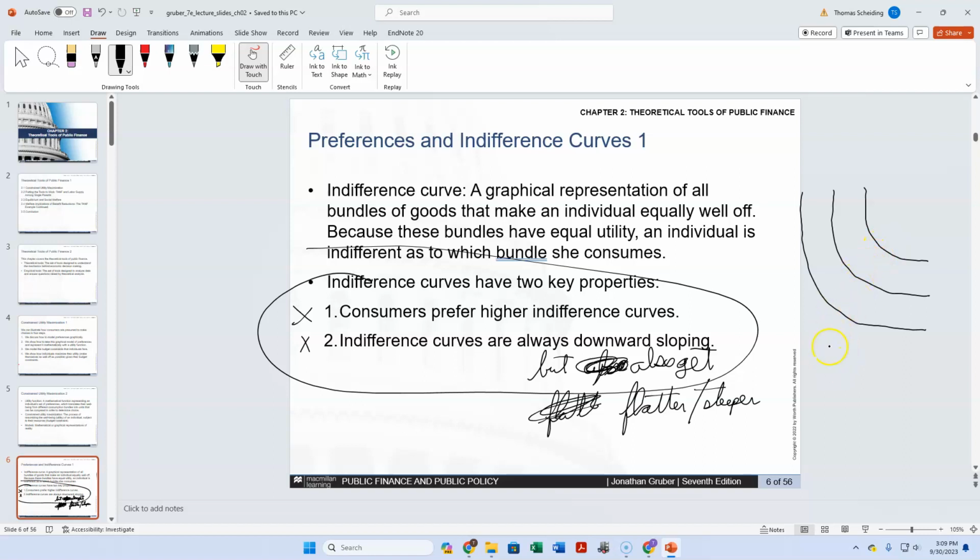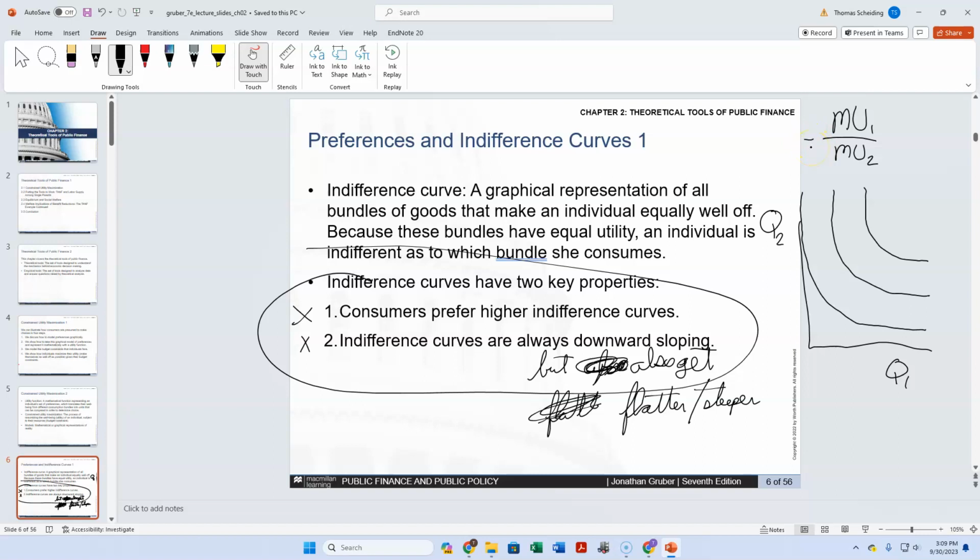Why is that? That's because of the law of diminishing marginal utility. That as you get more and more of Q1, of good one, the additional satisfaction from it is getting less and less. And then if we're talking about good 2 over here, now it's the reverse, because the slope of this is the marginal utility of good 1 over the marginal utility of good 2.